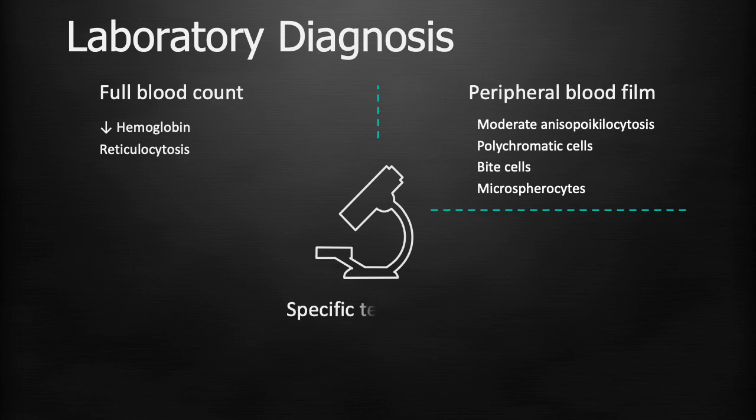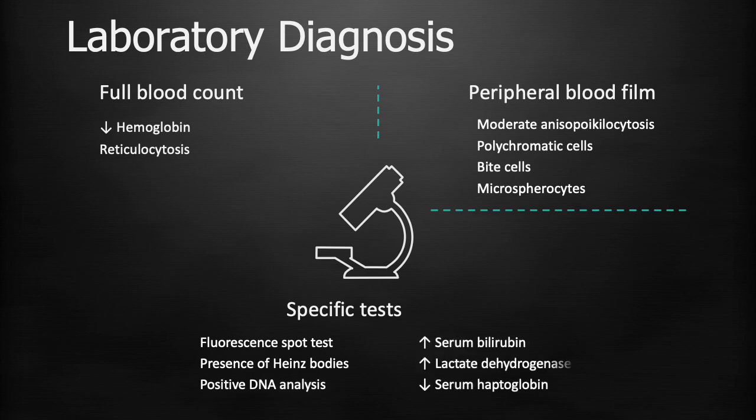Specific tests include decreased fluorescence in the fluorescence spot test, and Heinz bodies may be seen in the reticulocyte preparation, particularly if the spleen is absent. DNA analysis will be positive for the gene mutation. Biochemical parameters will show increased serum bilirubin and lactate dehydrogenase levels, but reduced serum haptoglobin level.